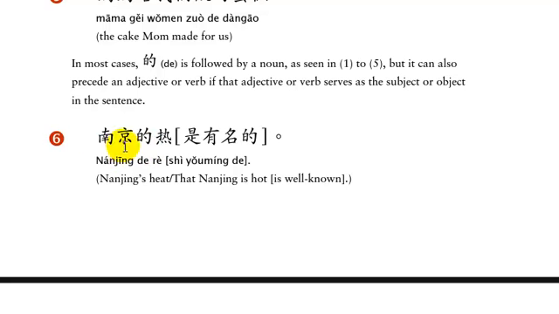And the heat of Nanjing is very well known. 是有名的. Nanjing 的热是有名的. The heat of Nanjing is very famous. Okay. So you may want to again pause and study these, repeat them over, and think about other things that you could express.